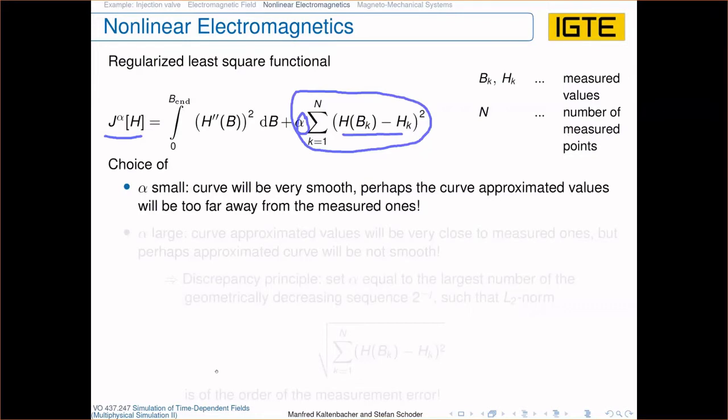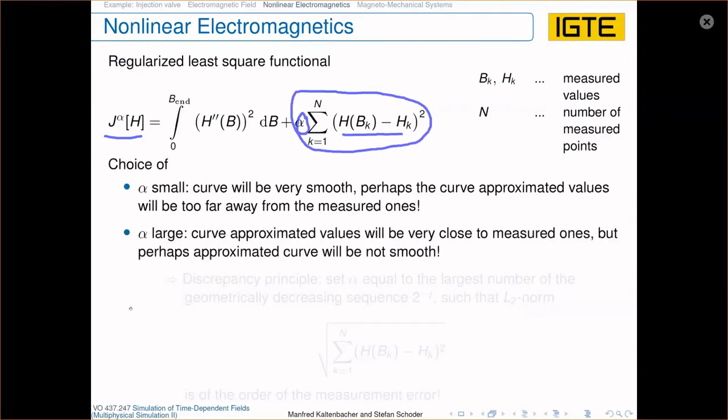The curve will be very smooth if alpha is small, because then this term is the most important term. On the other hand, if alpha is large, then we will be very close to the measured points.